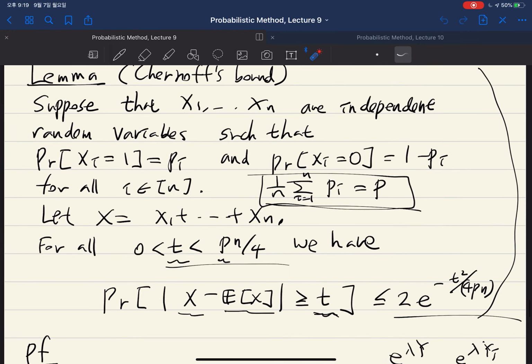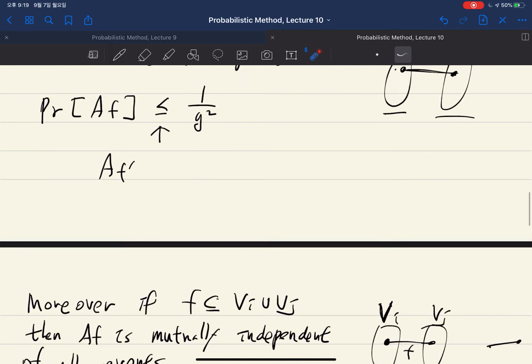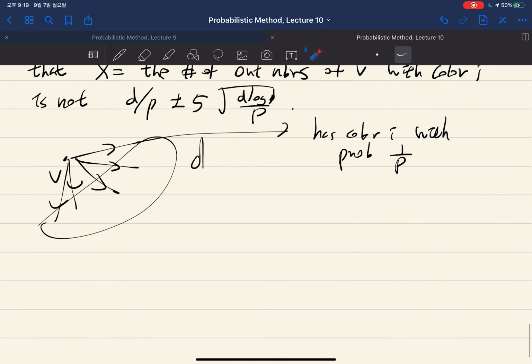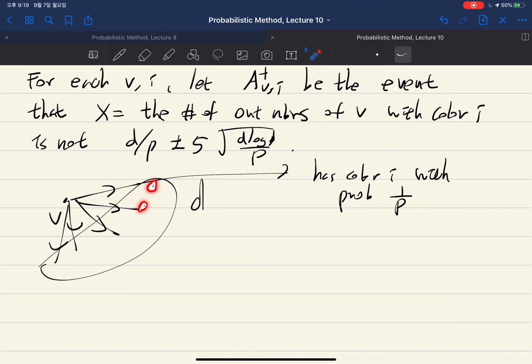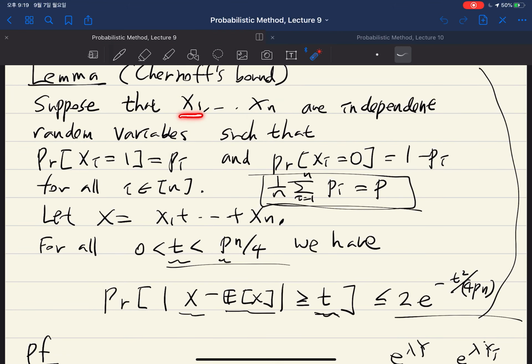So for each out neighbor of v, we consider this independent random variable which is 1 if the chosen color is i for the vertex, which happens with probability 1 over p, and 0 if the color is not i.